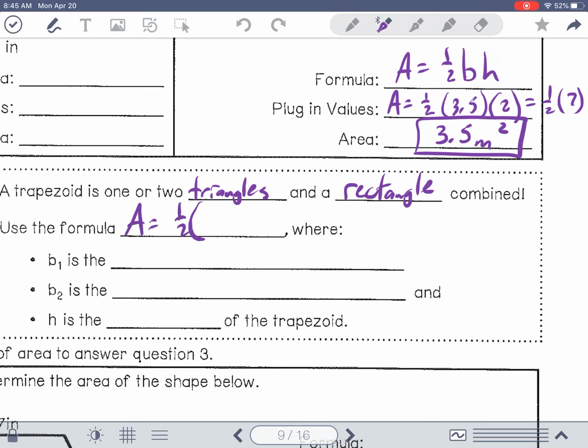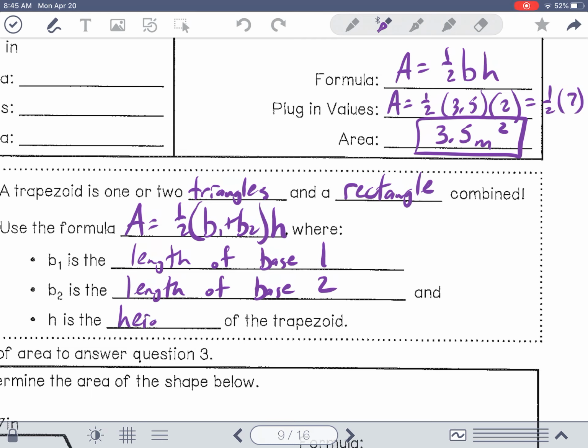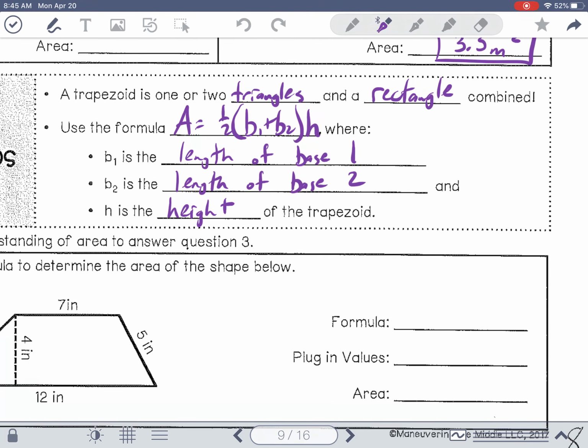A is equal to 1/2 times B1 plus B2 times H. B1 is the length of base 1, B2 is the length of base 2, and H is the height of the trapezoid.